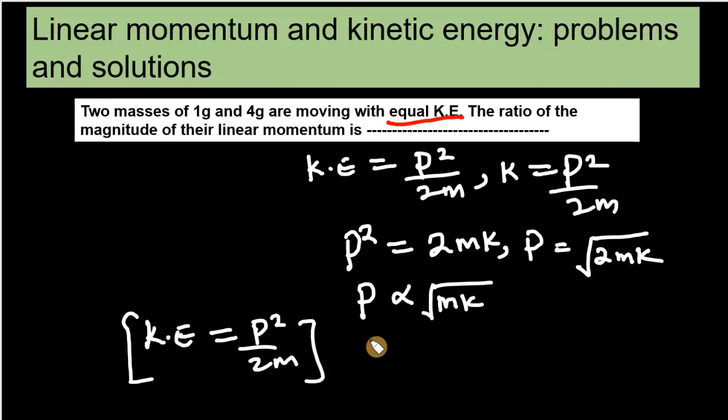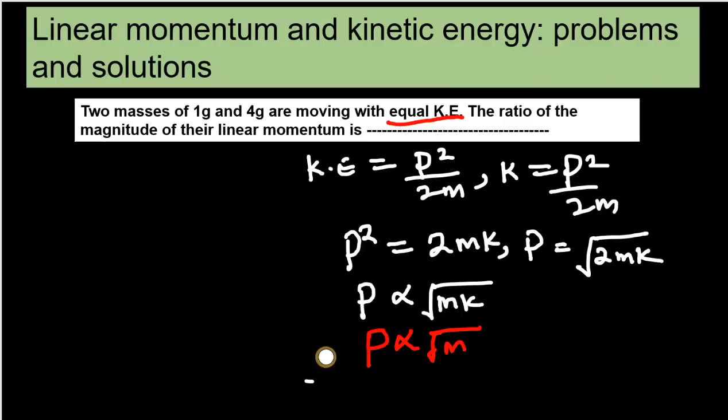So the relationship we'll be looking at now is P varies as root m. We can decide to include the constants here, but they will finally cancel at the end. So let's use this relationship now to solve this problem.